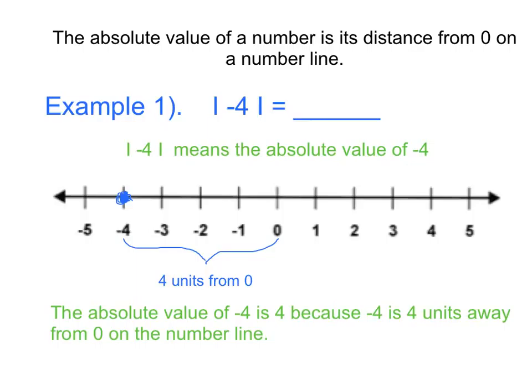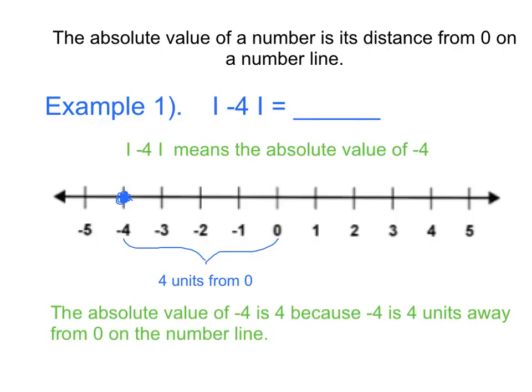So let's look at an example. These bars that you're seeing right here that are around -4 just mean we're asking for the absolute value of -4. It's a way to write absolute value. So this question is saying, what's the absolute value of -4?